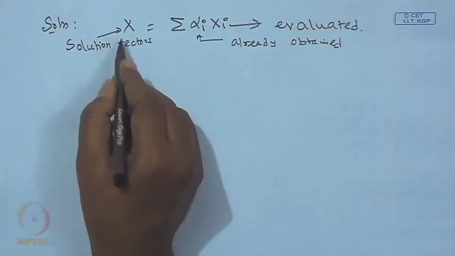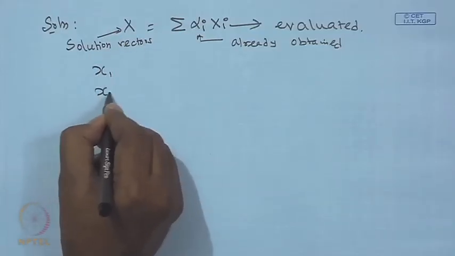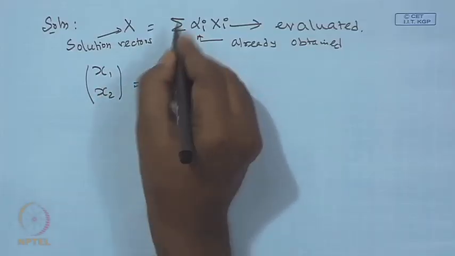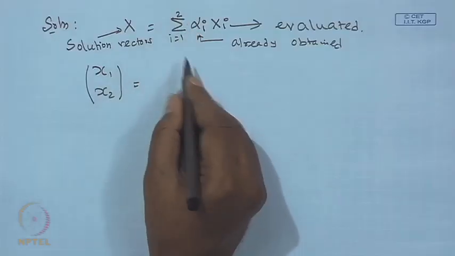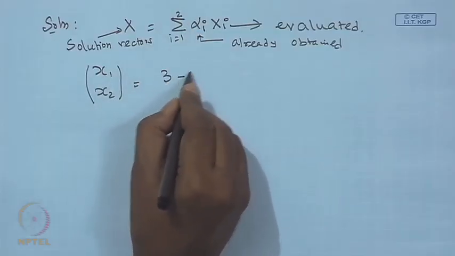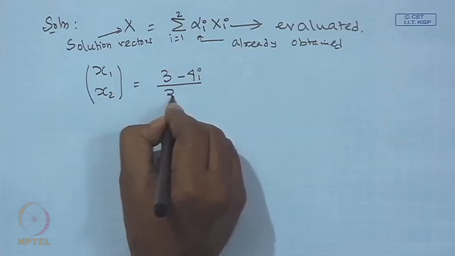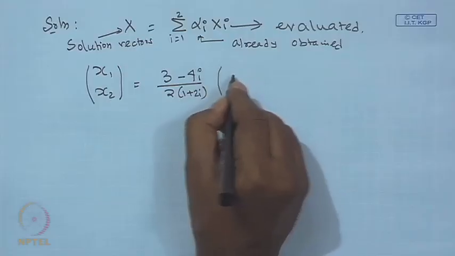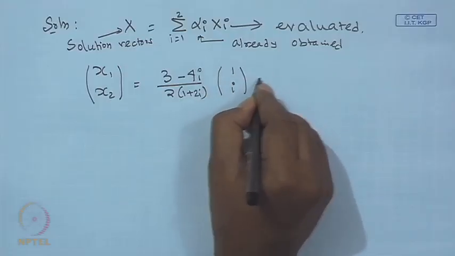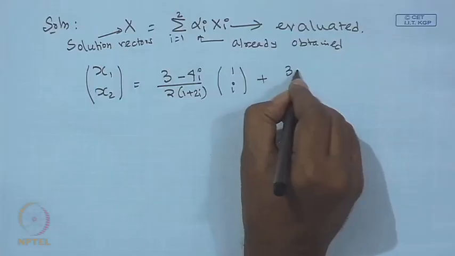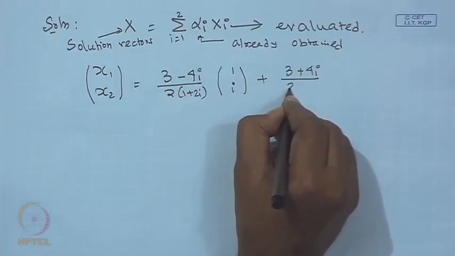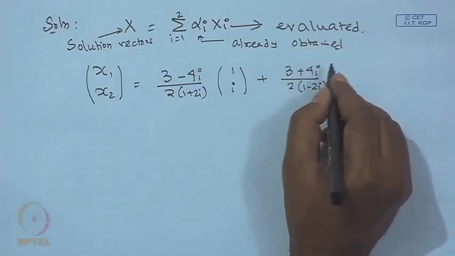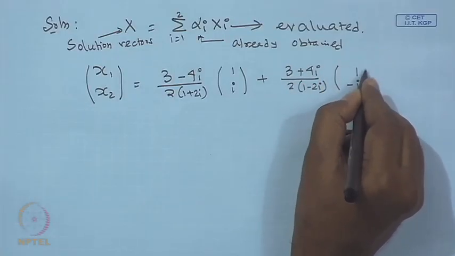So, we just put in the solution vector, whose elements are x 1 and x 2, and we open up this summation, which runs from index 1 to 2. So, 3 minus 4 I divided by 2 into 1 plus 2 I, that is alpha 1, times x 1, which is 1 and I, plus 3 plus 4 I divided by 2 into 1 minus 2 I, that is alpha 2, times x 2, which is 1 minus I.